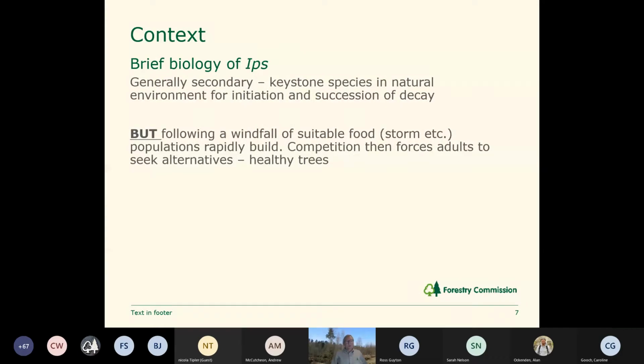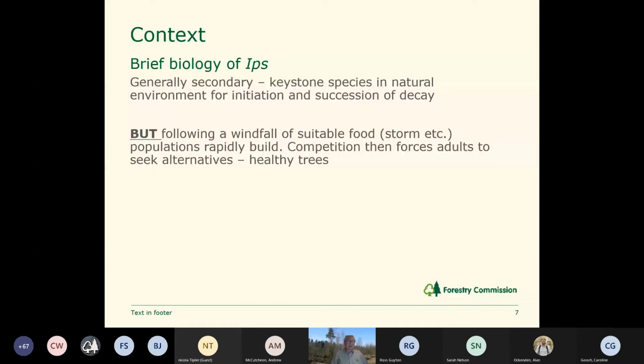Generally it's a secondary pest which will inhabit trees that have weakened defences, weakened by wind, fire, drought, poor conditions, or extreme climatic conditions, so their natural ability to rebuff the pest is reduced.